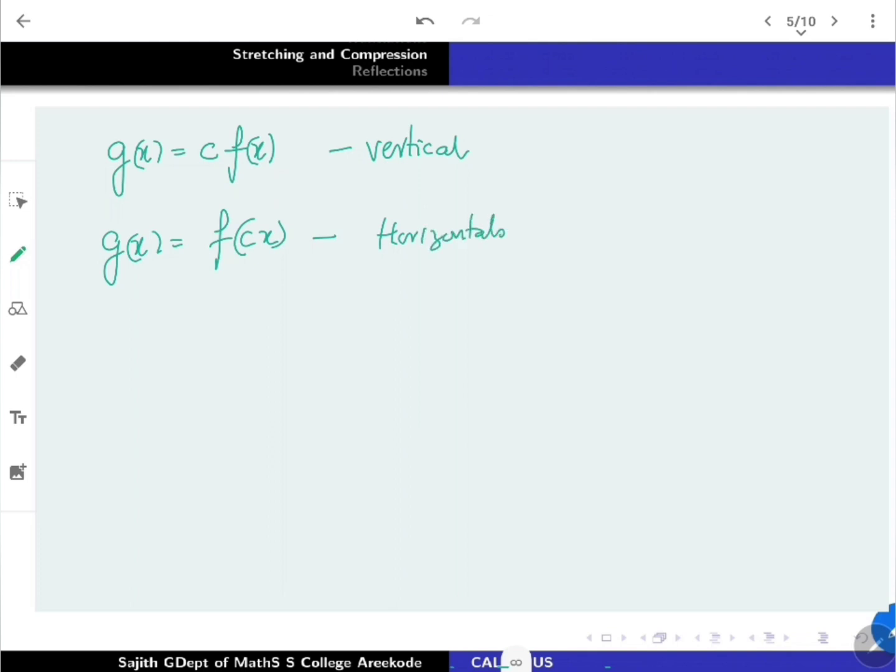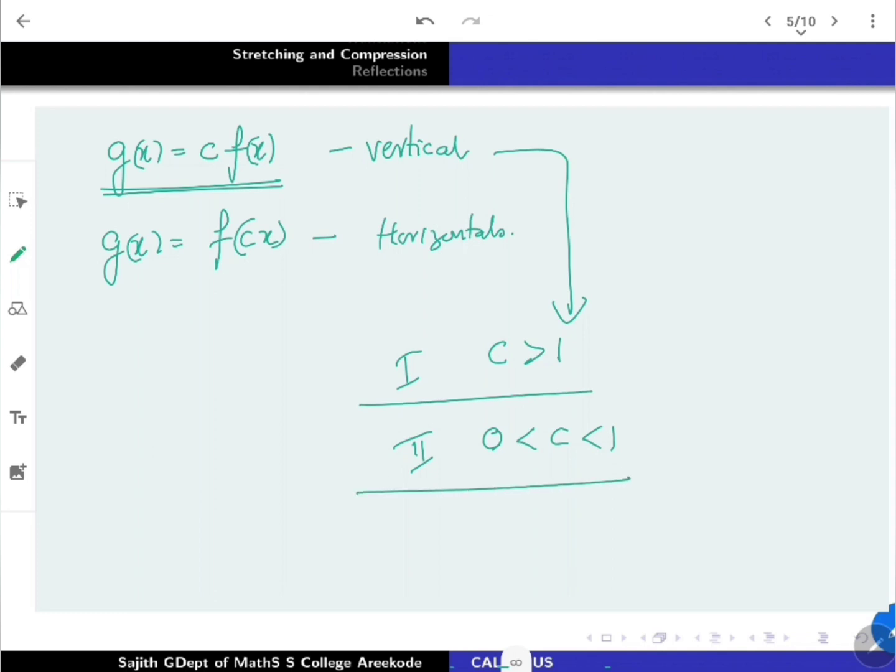These two situations we are going to discuss. One can look at different cases for c. In the first case, vertical, g of x is given to be c times f of x. In both cases, we'll consider c greater than 1 separately, as well as c in between 0 and 1. These two cases differ drastically, and let us see how the graph of g can be obtained from f.